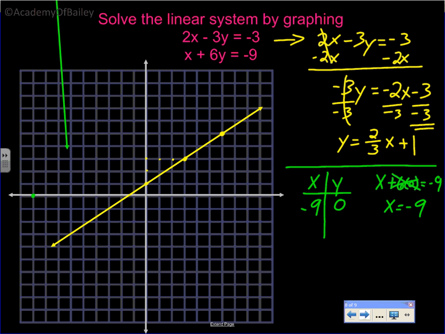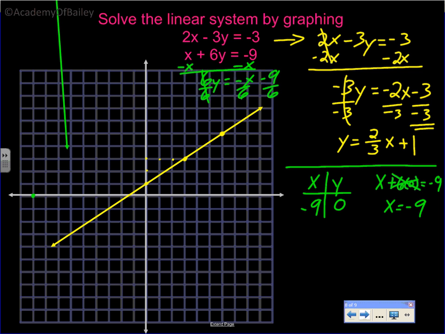Now, here's what we can do. This says x plus 6y equals negative 9. Let me change it to slope-intercept form. So 6y is equal to negative x minus 9, and divide everything by 6. And so this cancels. So this is what we have here.